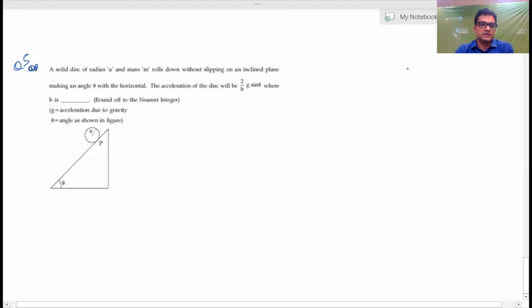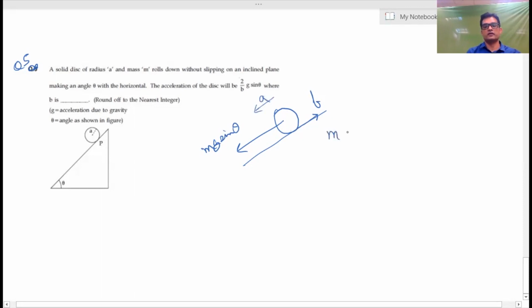In this question, it is saying that a disk is rolling down the inclined plane without slipping, and we have to find the acceleration of this. So I'll make the free body diagram. Here there will be friction. This is mg sine theta, and acceleration a. So we can write an equation for acceleration: mg sine theta minus f is equal to ma.